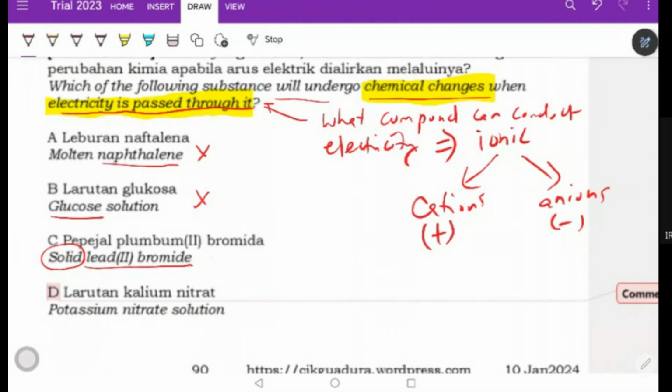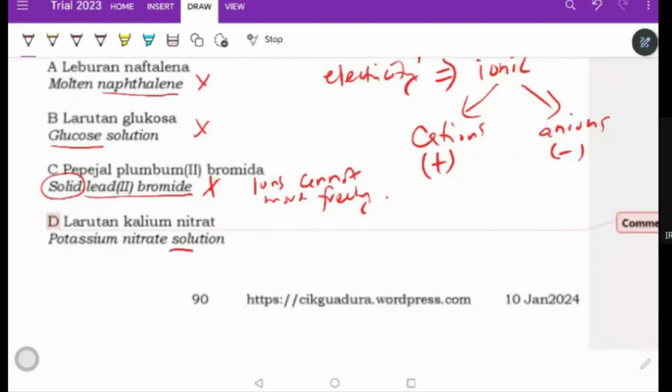But here, because it is solid, it cannot, because the ions cannot move freely. Then solution, yes. If potassium nitrate solution, then yes, because in the solution the ions can move freely.